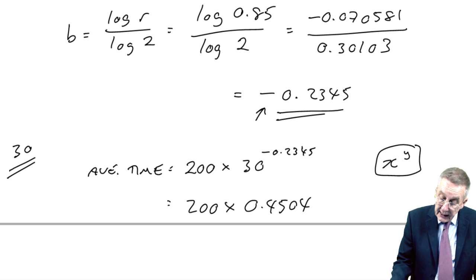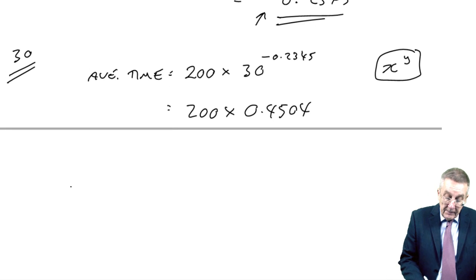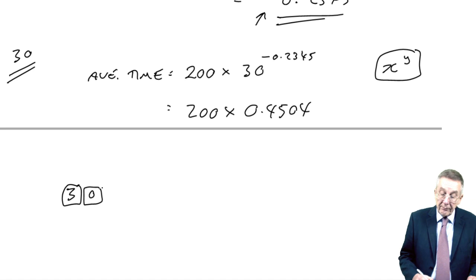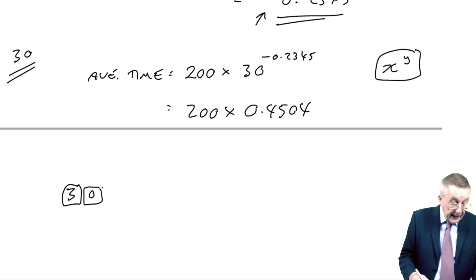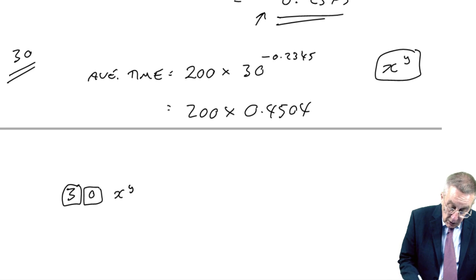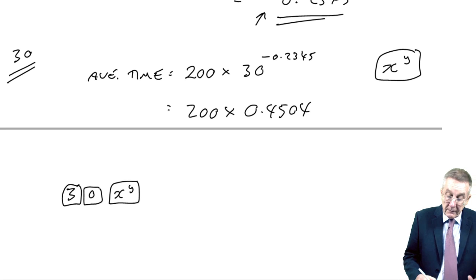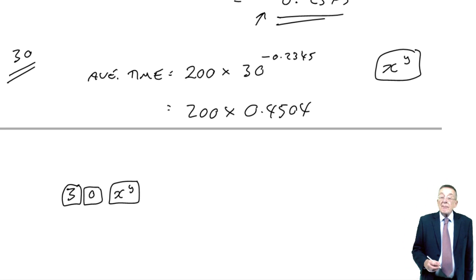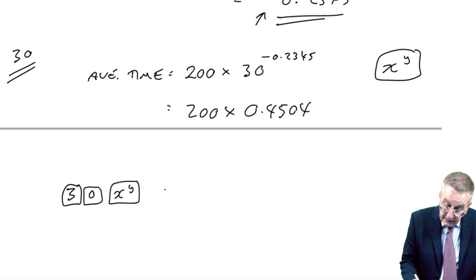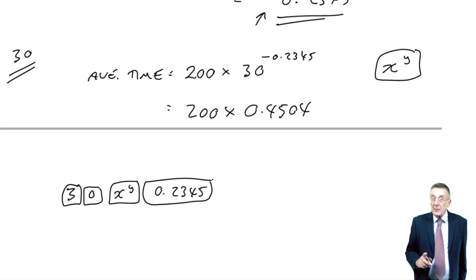But on my calculator, I have to do this. I key in 30, obviously. Then I hit the button x to the power y. And then I key in 0.2345, but without the minus sign for the moment.